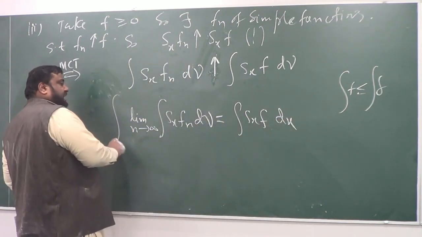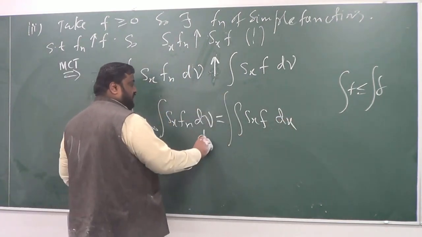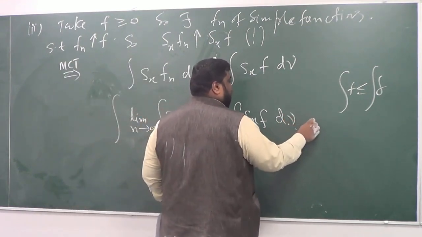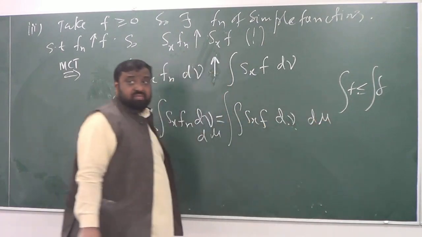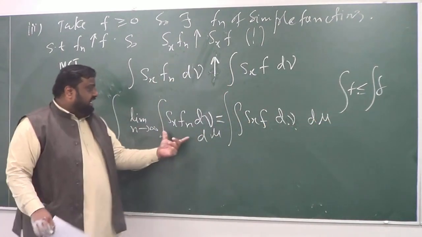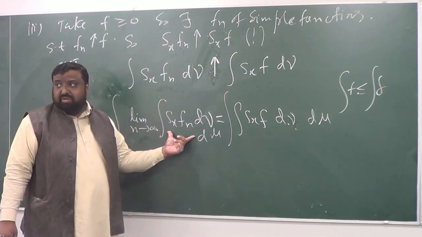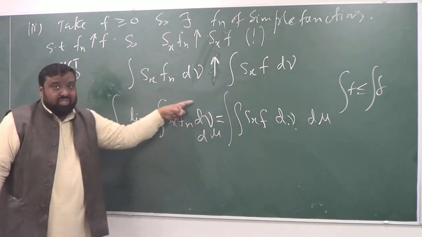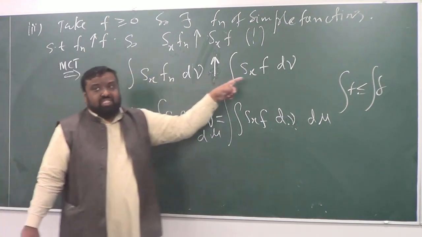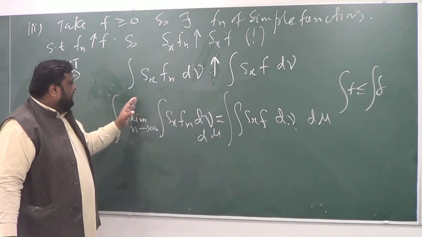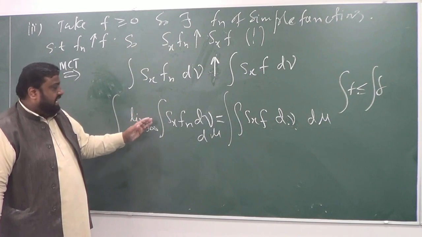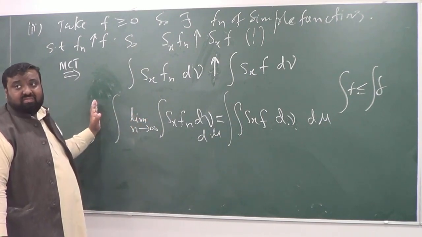And then I integrate both sides again with respect to d nu. I can integrate it because these are measurable. There is no problem with it. And since this is an increasing sequence of functions converging to this, can I take this limit out of the integral?